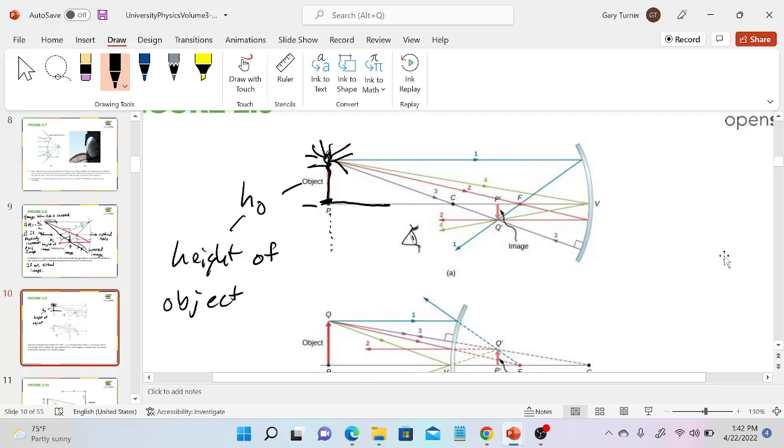Your object can actually be anywhere. But when your object is beyond the center point from the edge of the mirror, this will generally produce an inverted real image. Okay, this will produce a real, inverted, and smaller image. So your magnification will be less than 1.